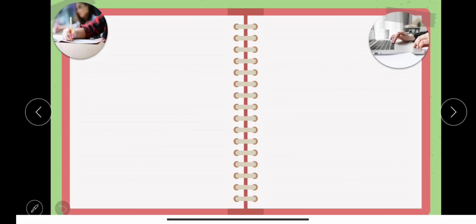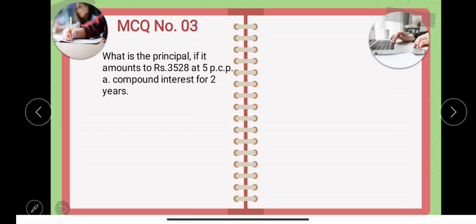Now the next one, question number 3. What is the principal if it amounts to rupees 3528 at 5 per cent per annum compound interest for 2 years? So please read the question carefully.